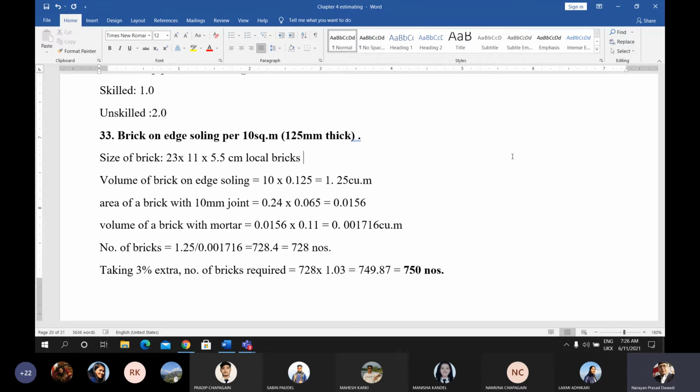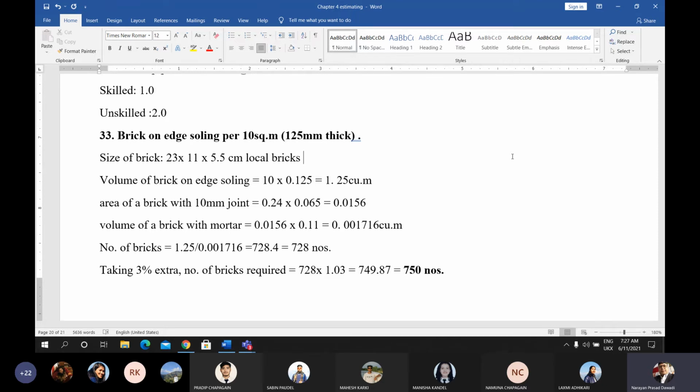The length is added with the mortar joint, 0.24, and in the width we should not provide the joint because it is edge soling. So I have provided 5.5 plus 10 mm, you will get 0.065 here. The area of brick with 10 mm joint for a single brick gives the volume of 0.0156 cubic meter.